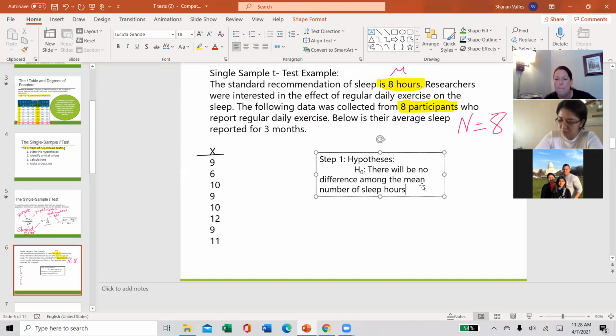Okay. What are the two groups? Who are we comparing? Right? If we're going to say that there's no difference among the mean number of sleep hours, among who? We're looking at a sample of 8 participants, right? And we know these are people who report regular daily exercise.